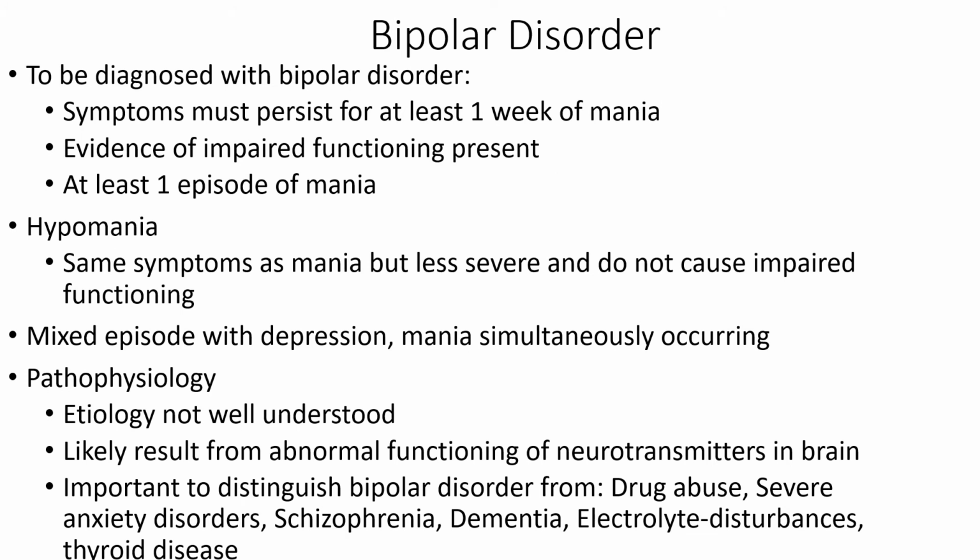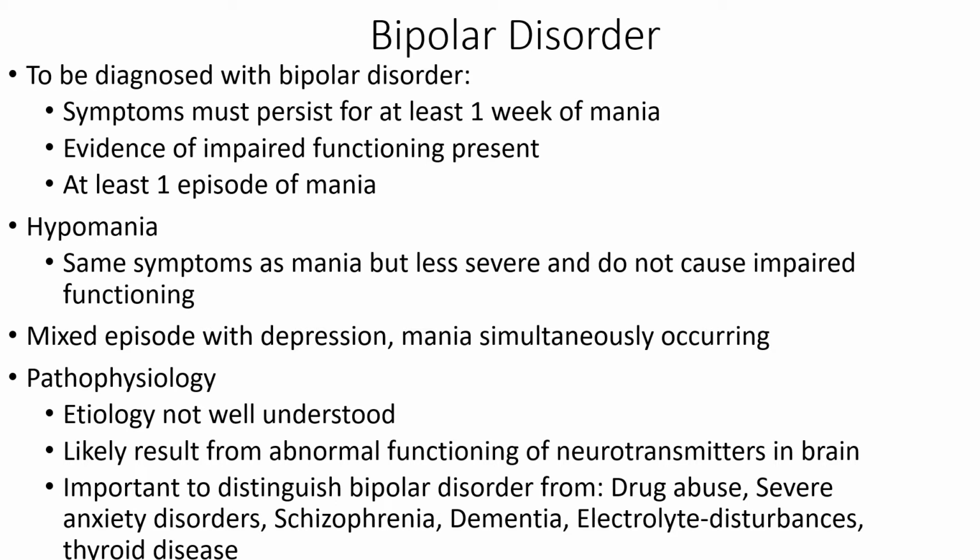Okay, so what do you need to reach a diagnosis of bipolar disorder? Well, you need an episode of mania. Okay, so someone who has recurrent depression, we're not going to suspect bipolar disorder because they haven't gone to the other side of the spectrum. So you need to have symptoms of mania for at least a week, with showing impaired judgment and impaired functioning.